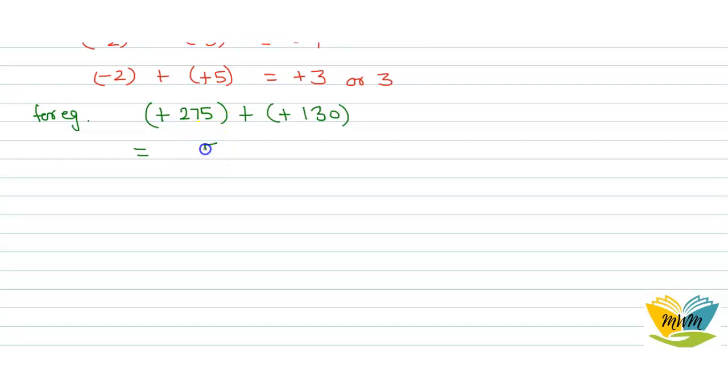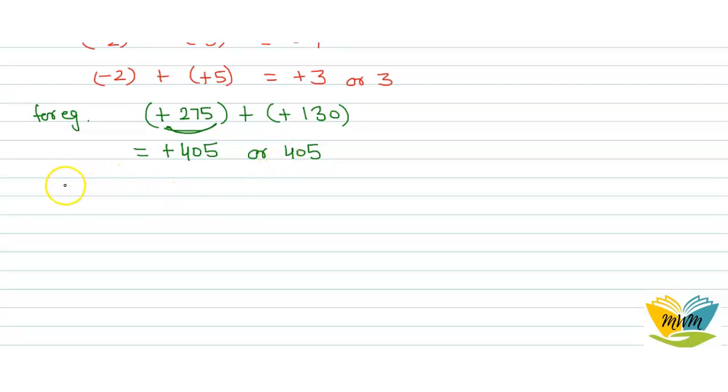After adding 275 and 130, we get 405, and the greater number, which is 275, is of positive symbol. So we will put plus with 405, or we can write simply 405. It is not compulsory to put a plus symbol if the answer is positive.